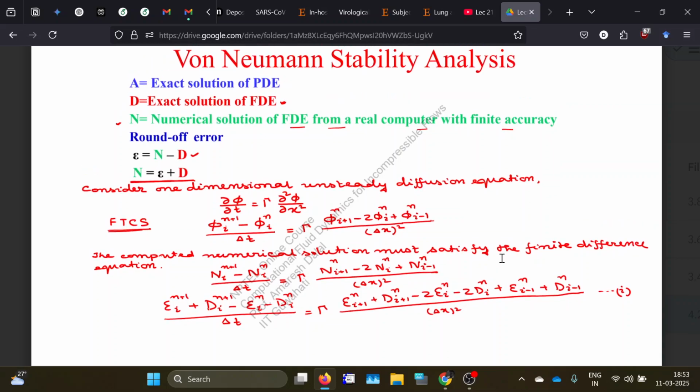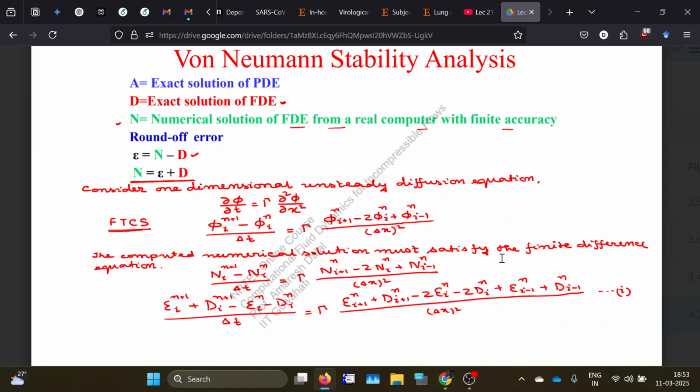Here I understand. First of all, the exact solution of the PDE is far away, that is a different thing. We are focusing on the exact solution of the FD equation and the numerical solution of the FD equation. We are truncating some terms, right? That is the difference. Now I understand this.